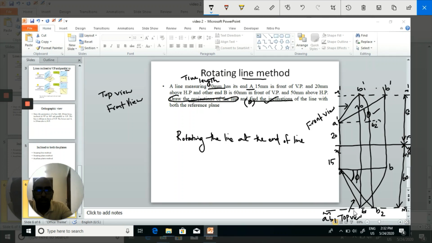See here, from B to B dash, we are rotating it. Similarly here, from B2 dash, we are rotating to B1 dash. So actually we are rotating a line from the end point of that particular line.